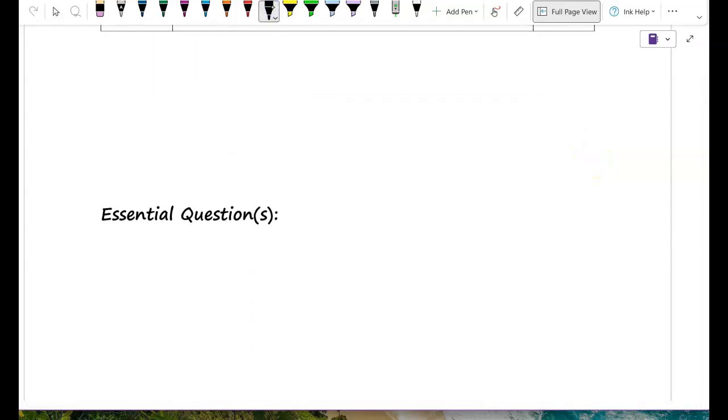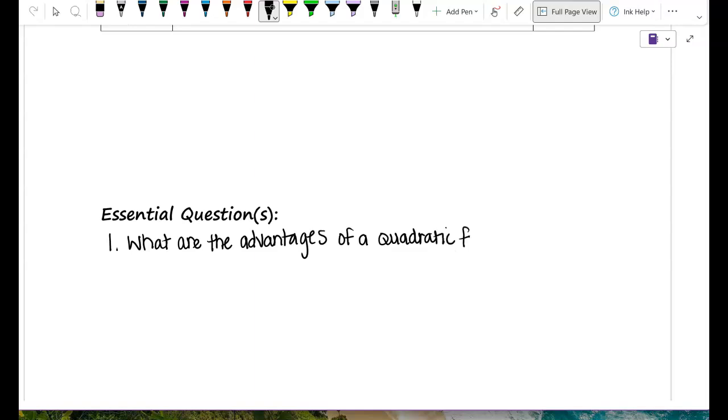So if we go down to the essential questions, the first one: What are the advantages of a quadratic function in vertex form versus standard form?